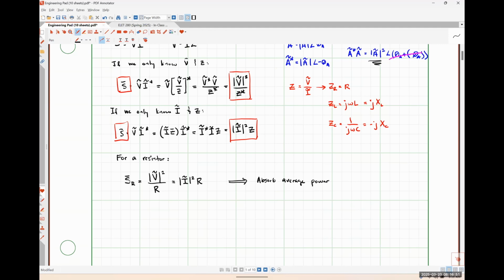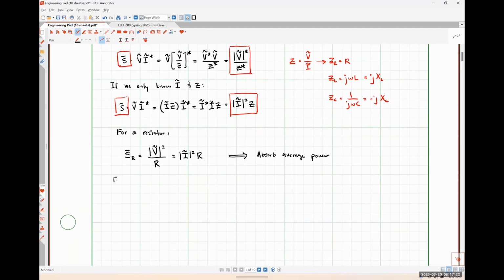They absorb average power because we're always going to get a positive number. Anytime we have a negative number, we would be supplying power. Before we move on to inductors and capacitors, does anybody have a question about how we got here? It's literally just applying those two equations that I boxed in red above, and then substituting in the value of the impedance.